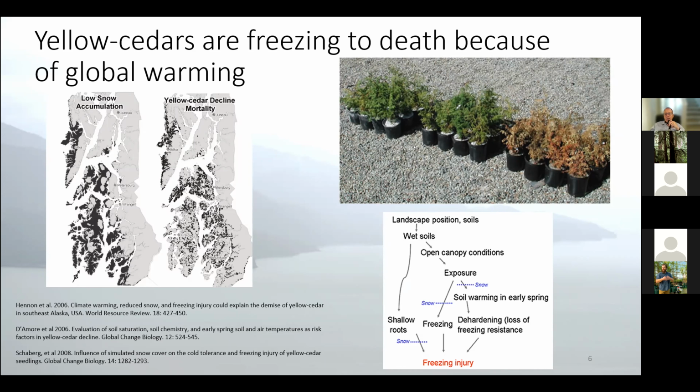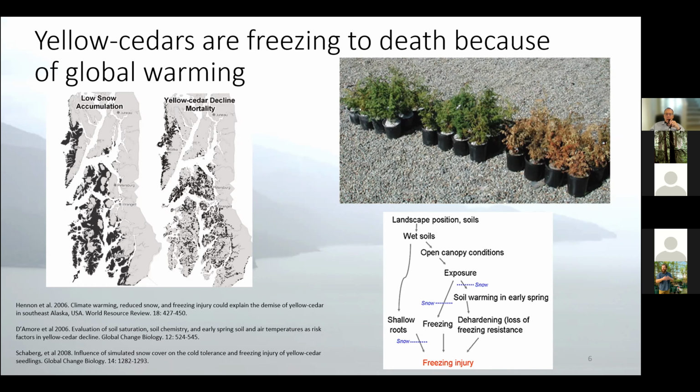Here's a picture of a simple experiment that shows how the lack of snow can be mimicked. These are potted seedlings grown in Alaska at low altitude, where there's no snowpack anymore in the early spring or late winter.